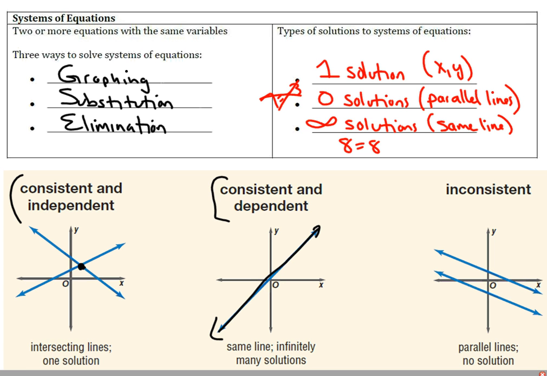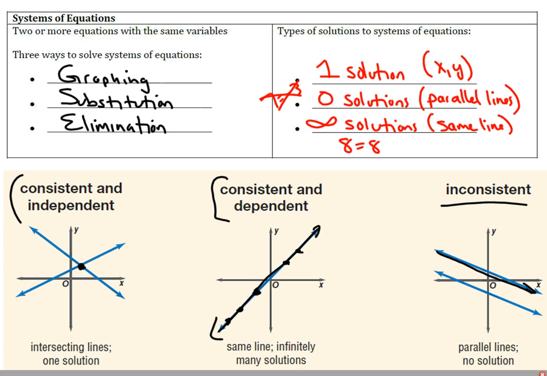If I graph them both, they're the exact same line, they just look a little different algebraically. That means there are infinitely many solutions. I could pick any x and y value on this line, and it's going to work.